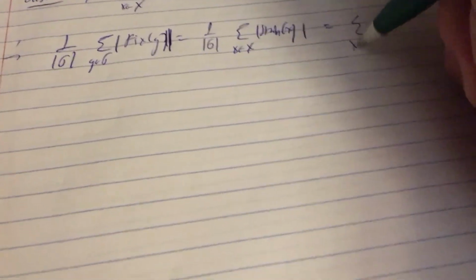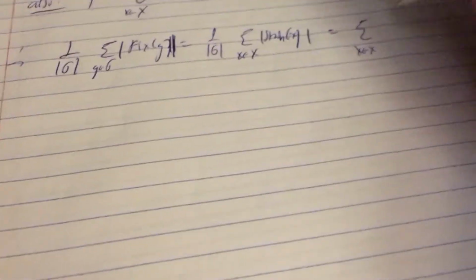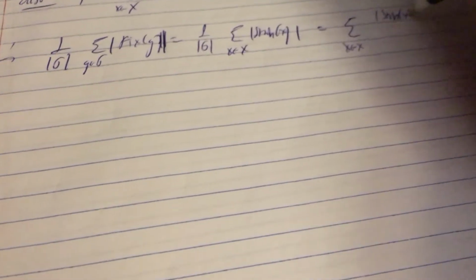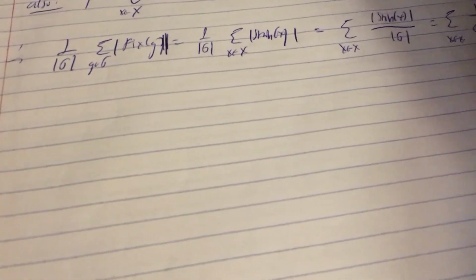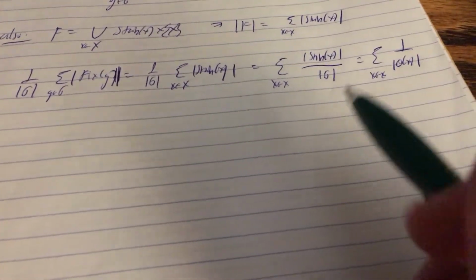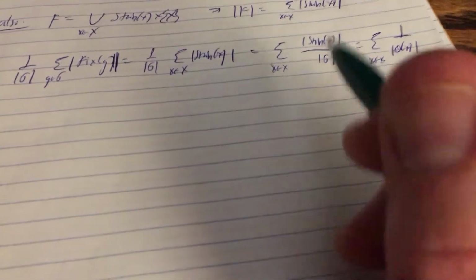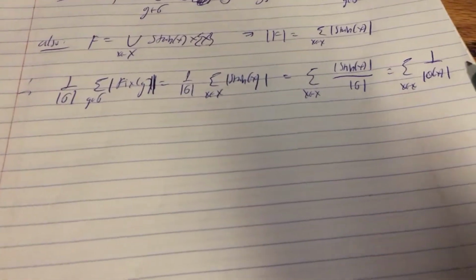Sorry, this is supposed to be sizes; it looked like I was just adding sets, but of course I'm adding sizes of sets. Why did I do that? Because the size of stab x divided by the size of G is 1 over the size of the orbit. So this is the sum over x in X of the size of the stabilizer of x over the size of G, which is the sum over x in X of 1 over the size of the orbit. Again, that's because the size of the orbit is the size of G divided by the size of the stabilizer of x.